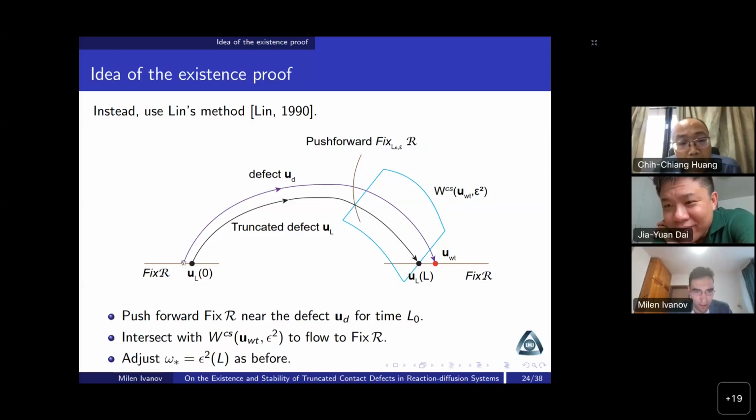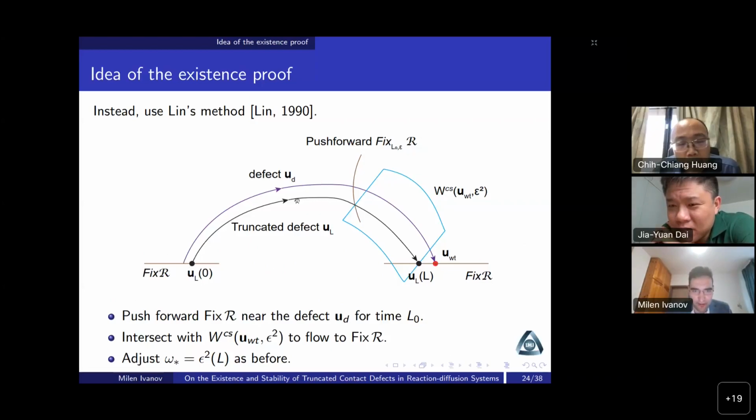So my defect starts from Fix of R, moves forward, and converges to the wave train. What we can do is take Fix of R, so our perturbed defect can start nearby.